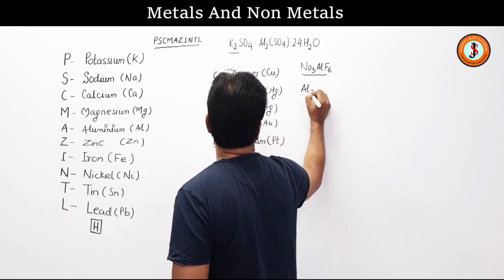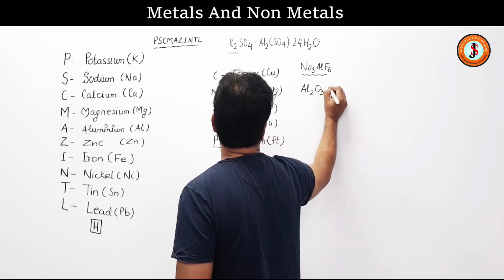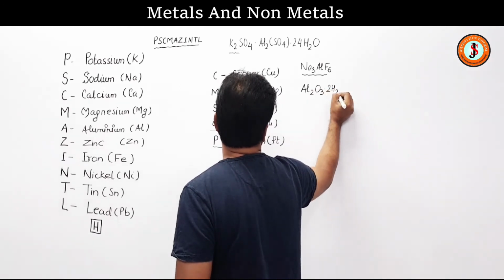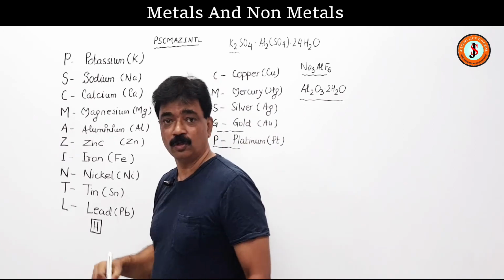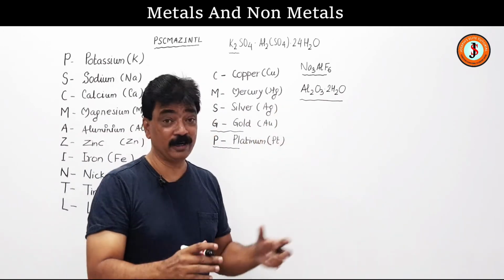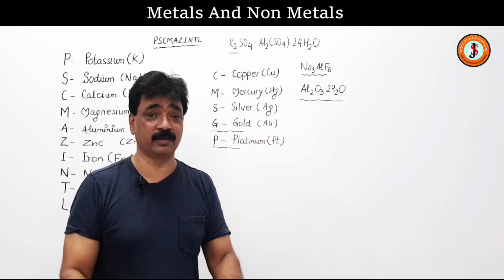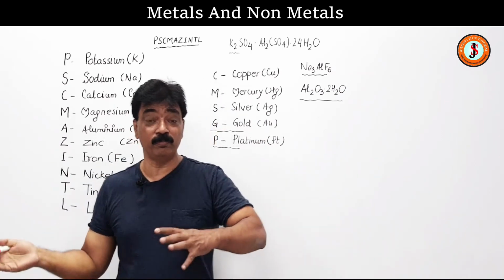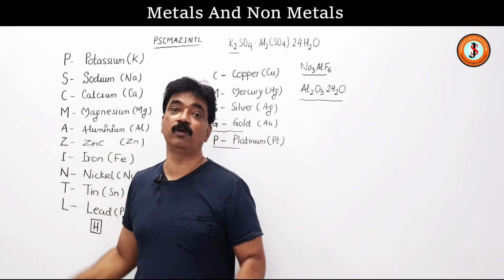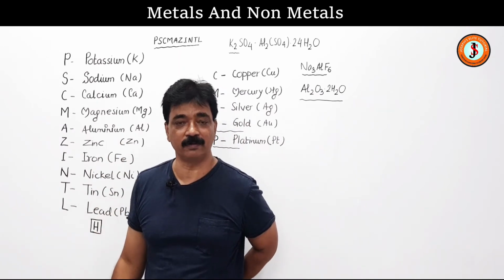Aluminum is also present in aluminum oxide with water of crystallization, which is also known as bauxite. So, you do not find aluminum inside the earth's crust in free state. And therefore, how metals occur, you can comment after learning about the reactivity series.